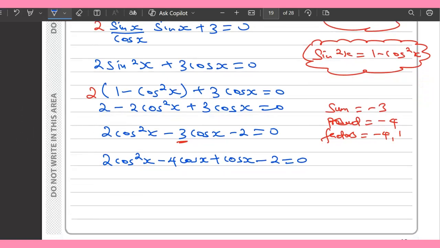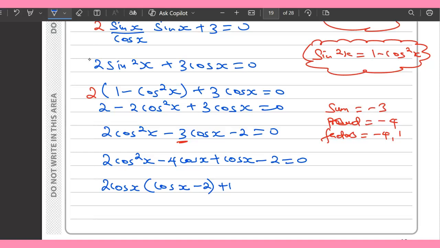Factorizing by grouping the first two terms and the last two. The first two, the common term here is 2 cos x. So therefore we have 2 cos x into cos of x minus 2. The common factor between cos x and minus 2 is positive 1.